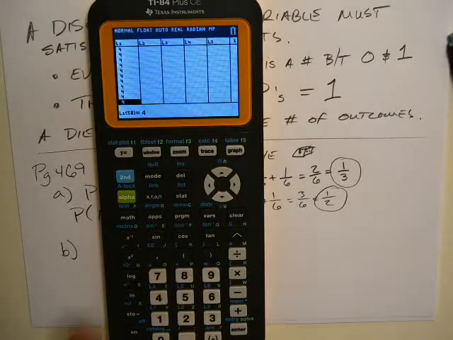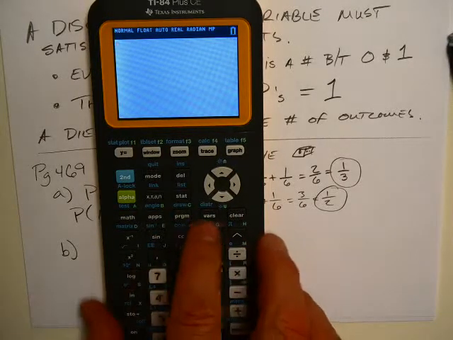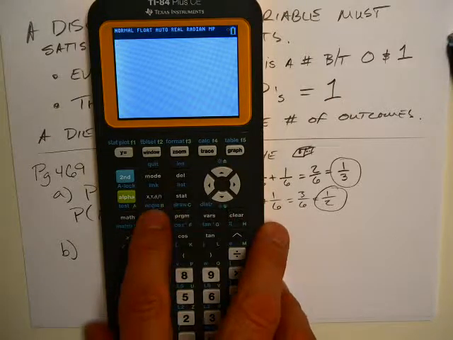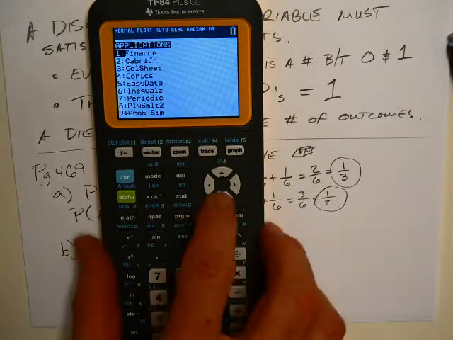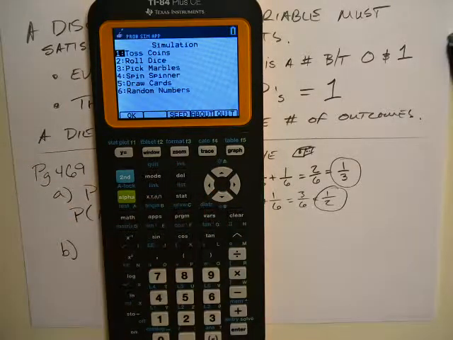All right. So, go ahead and quit that. I hope all the calculators have this now. We had some trouble earlier today. If you go to apps here, so next to math, go to apps, and you want to pick probability simulation. Yours only has finance? Does anybody else not have probability simulation?